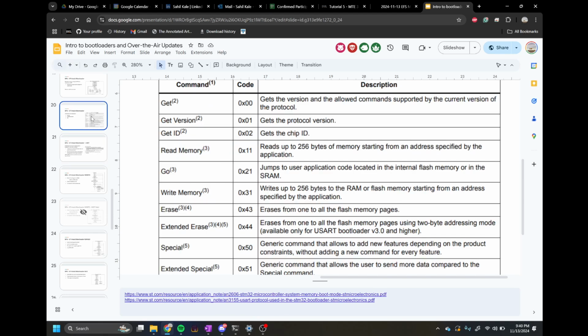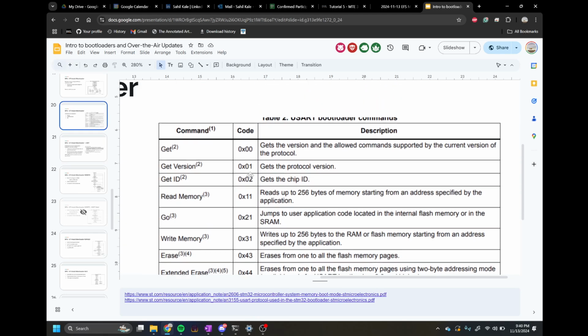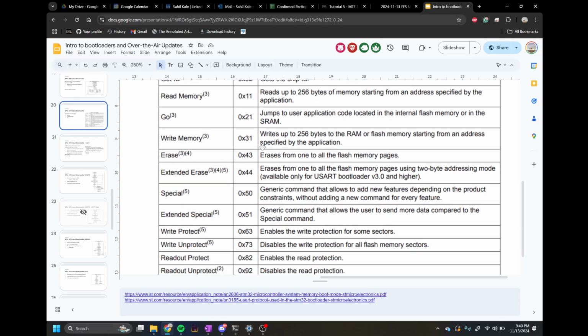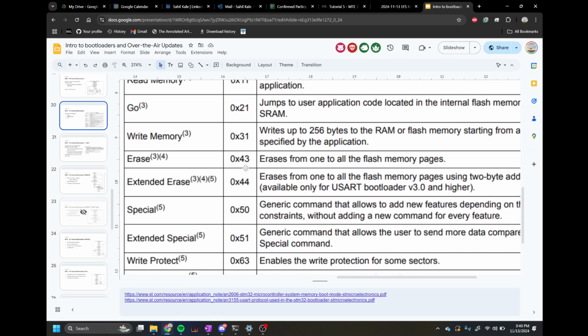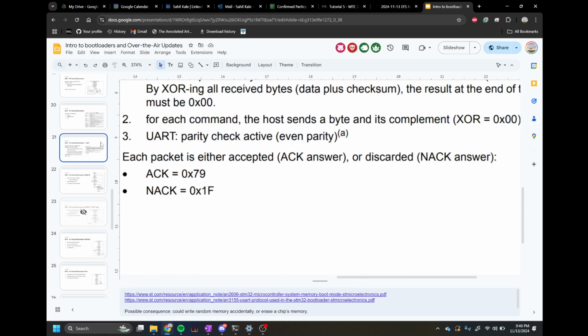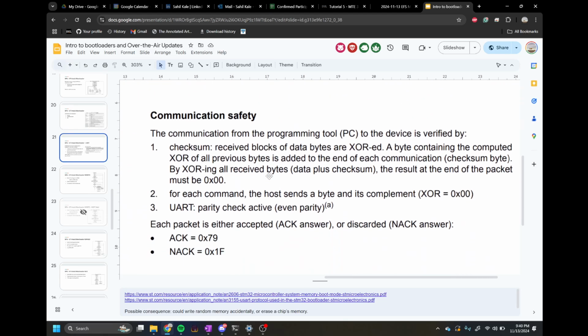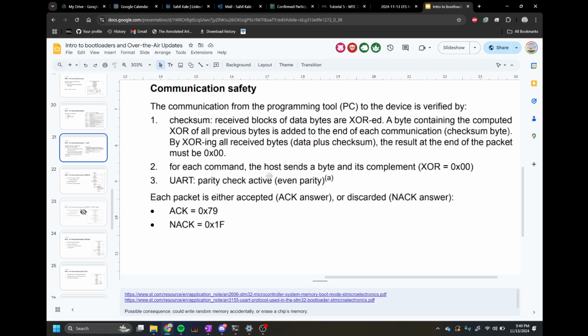If you come back to here, maybe we interpret this write memory command as an erase because of a random bit flip. So this bootloader calls out the use of a checksum when you're talking to it, to make sure that every data byte it receives is actually what you intended. And this is a really common feature that you'll typically implement with any sort of UART.